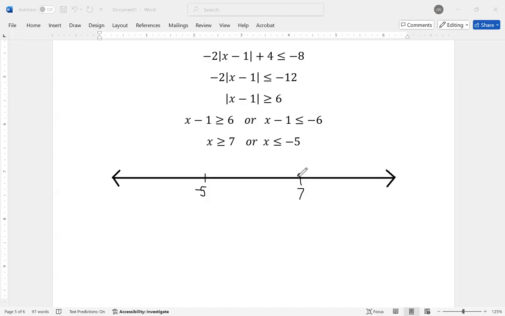So when I draw a circle around the 7, I will fill it in, make that a solid circle. Same thing with the -5. When I draw a circle around that, I'll fill it in, make that a solid circle. Oop, that wasn't very good. Okay, we get the idea.